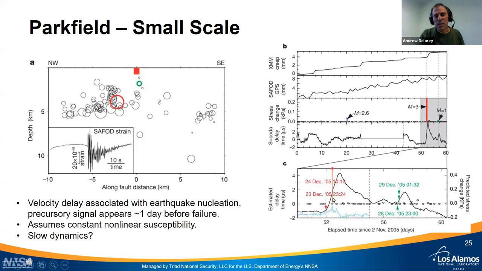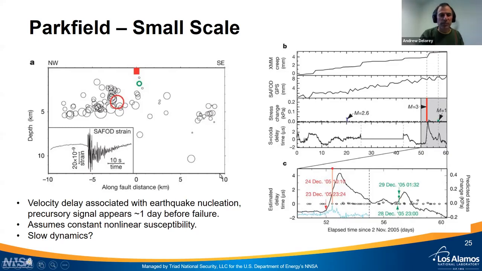So this shows us some kind of precursory activity before this magnitude 3 event, even though the magnitude 3 event was actually a few kilometers deeper than where the measurements were made. And this is also true for the magnitude 1 event, which was closer but smaller. There was also the dilation, or the delay times started even before the earthquake occurred.